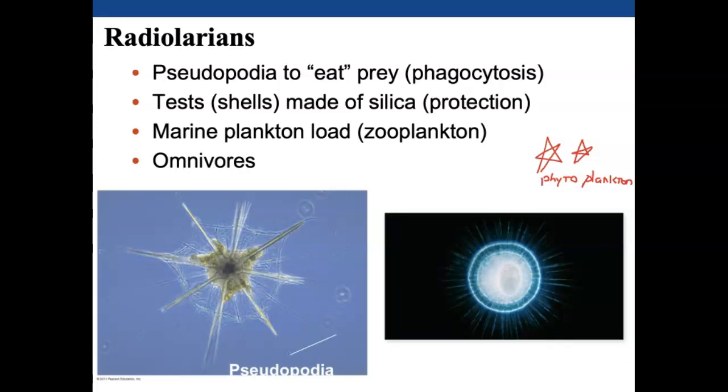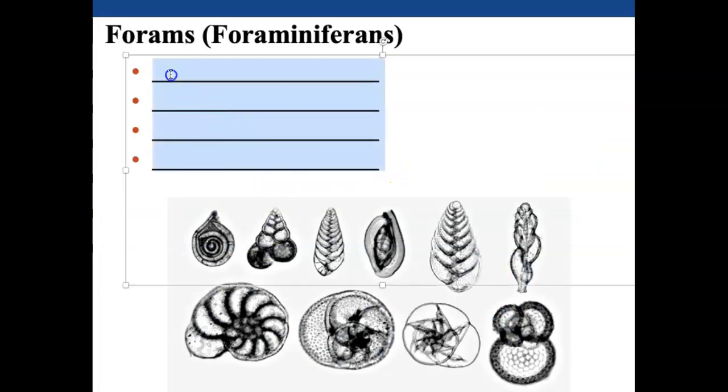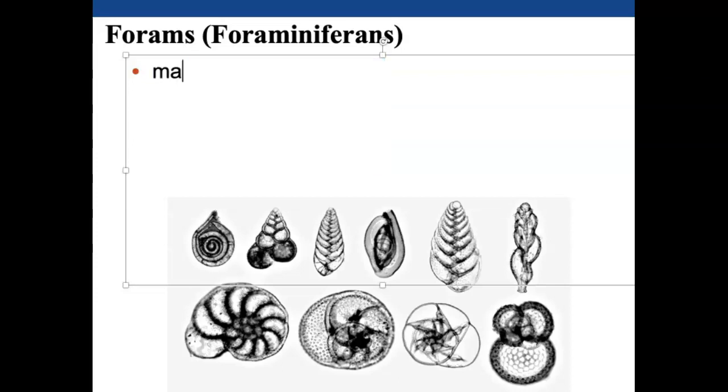The second subgroup are these things called Forams, or Foraminiferans for the official terminology. So Foraminiferans are also going to be part of the marine plankton load. So these guys will also play a role in the marine plankton. Now, these tend to be more at the producer level, at the phytoplankton level.